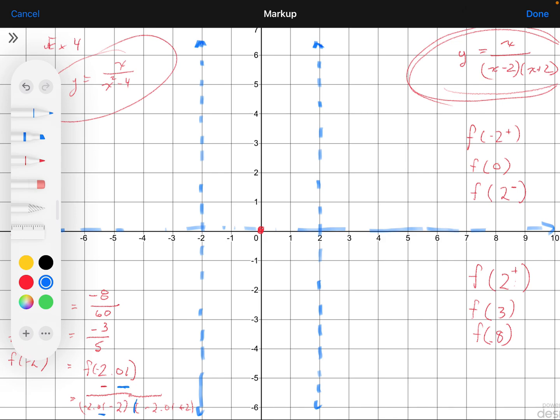This factor here will be negative. This factor in brackets that I've tried to highlight here is also negative. So overall, the top is negative, but the bottom is a negative times a negative, which ends up being a positive. So a negative divided by a positive, this will have an overall negative value.